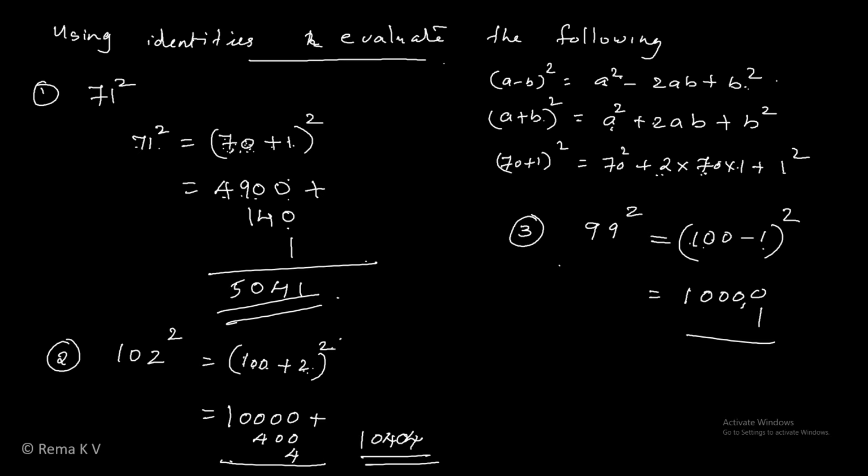We have to add them. Then minus 2AB. 2 into 100, 200 into 1. It is 200. So we have to subtract 200 from this. So the answer is 9,801.